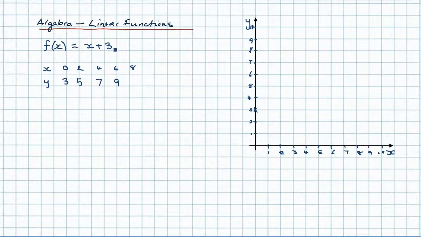And now 8 plus 3, y equals 11. Okay, so now if we plot these other points, we have 2, 5, so 2, 5 here. We have 4, 7, so 4, 7. 6, 9, so 6, 9's up here. And then 8, 11, well, that's going to take us off our numbering here, but it would take us up to here.